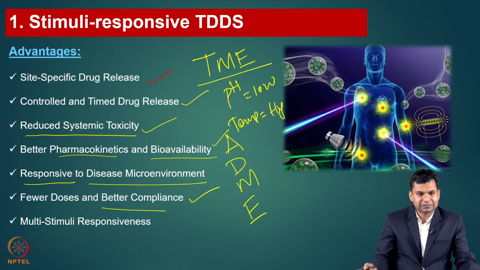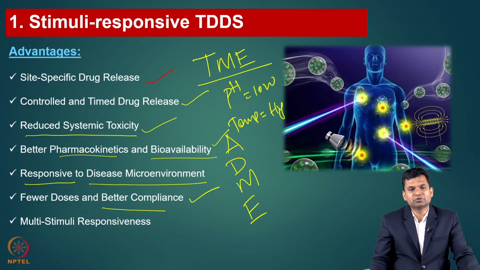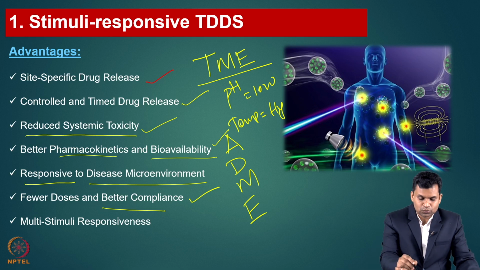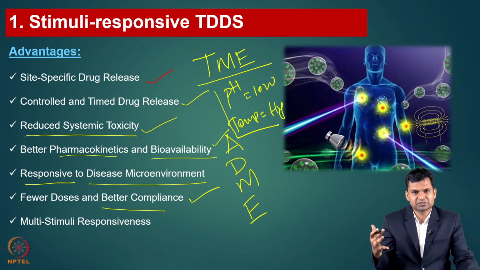And the last point is that multi-stimuli response is also possible. As we have seen, you can take two types of systems, like a pH sensitive one as well as a carrier system which will respond at a particular temperature. You can also use some redox systems.